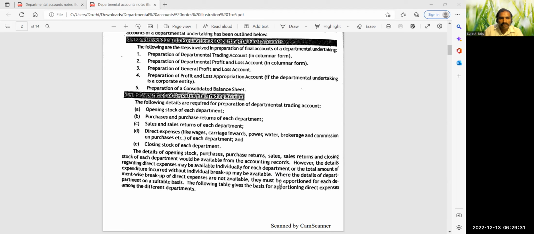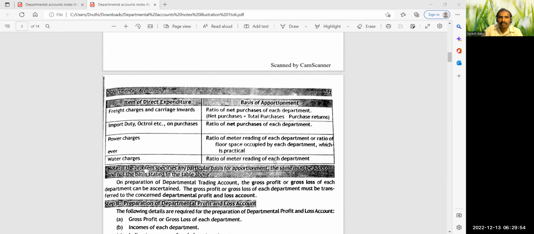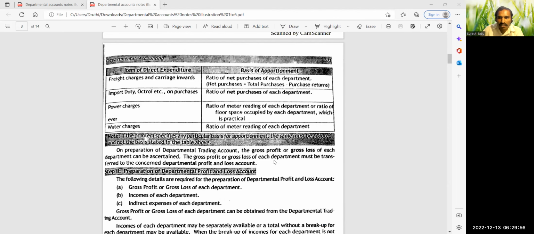Where the department-wise breakup of direct expenses is not available, they must be apportioned to each department on a suitable basis. The following table gives the basis for apportioning direct expenses among different departments. So if the basis is given, such basis is to be followed for the apportionment of direct expenses. If the basis is not given, then this basis we need to follow.